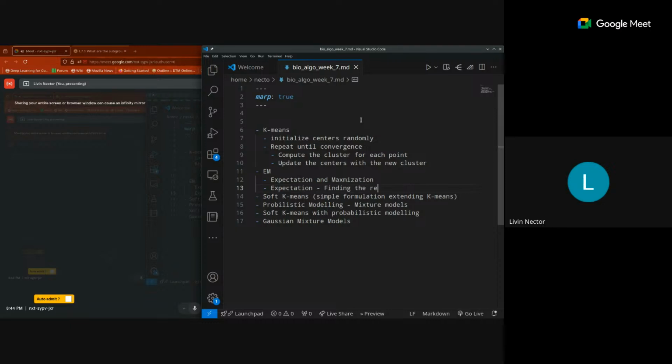For each point, what is the responsibility of a particular cluster center is what we find.